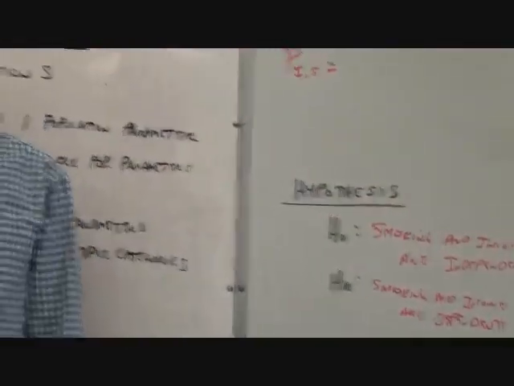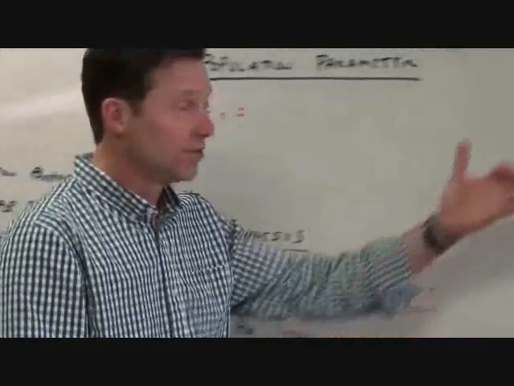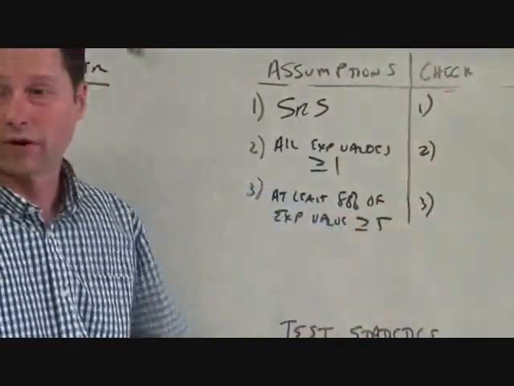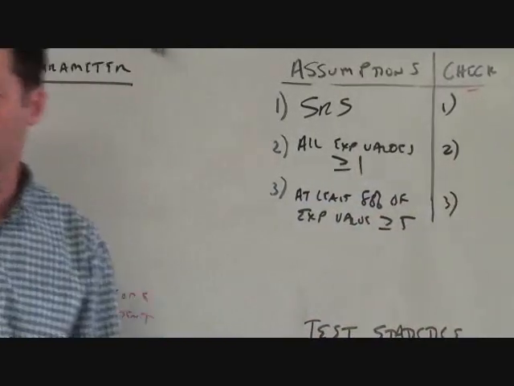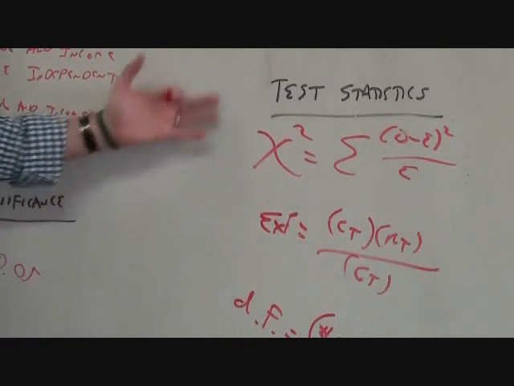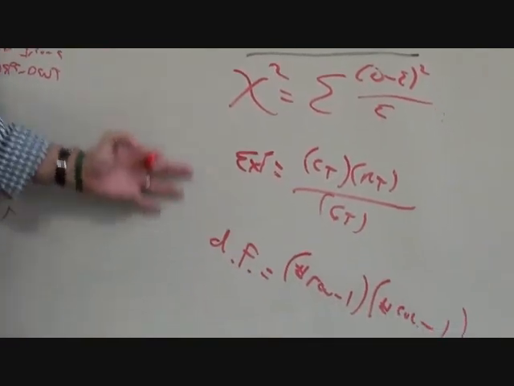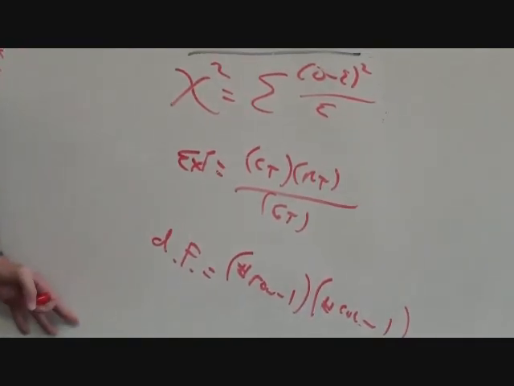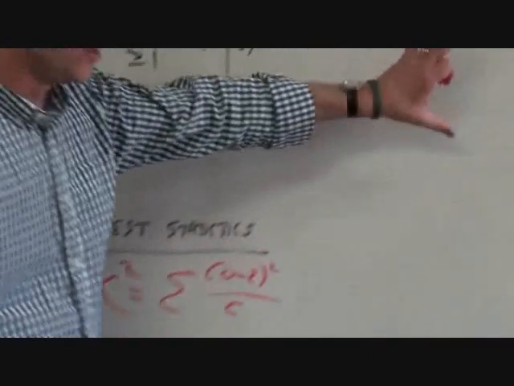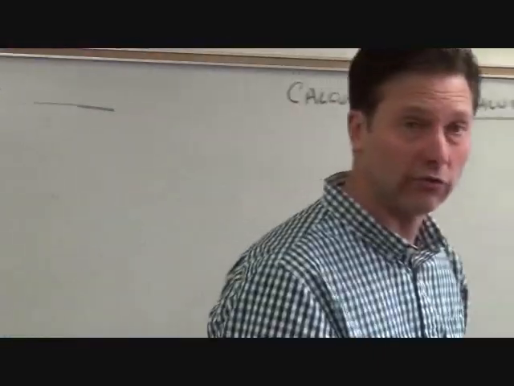Nothing changes here. Whatever threshold you want to use, we're making a type 1 mistake. Nothing changes here. Was it a good sample taken? Are our expected values all greater than 1 and at least 80% greater than 5? Nothing changes here. Okay, these are the same three formulas we're going to use. And over here, you're going to draw the big old box.